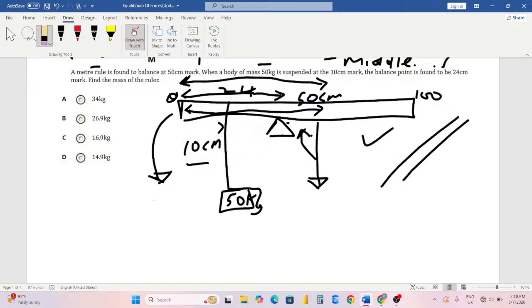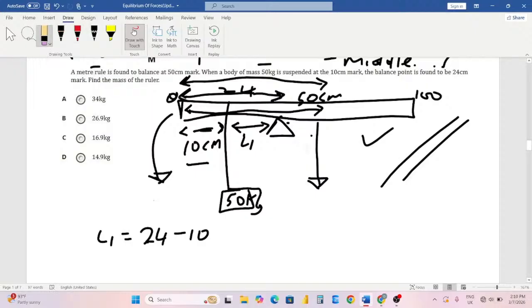If from this place to this place is 10, and from here to here is 24, what will be this interval? Because we need it to calculate our moment about this fixed point. It will be 24 minus 10. So let's call it distance 1, L1. L1 will be 24 minus 10.